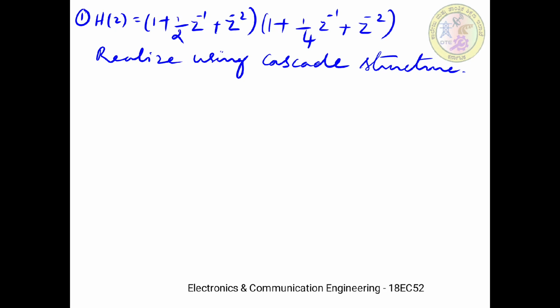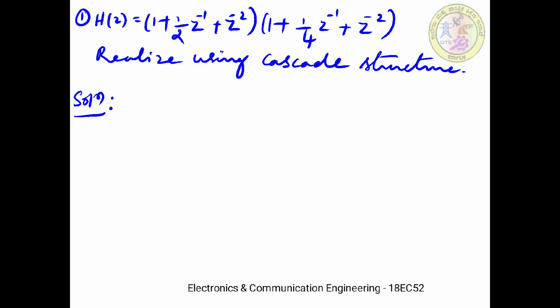Okay. So now in this problem, the factored version itself is already given. So H of z is nothing but the product of two second order factors.